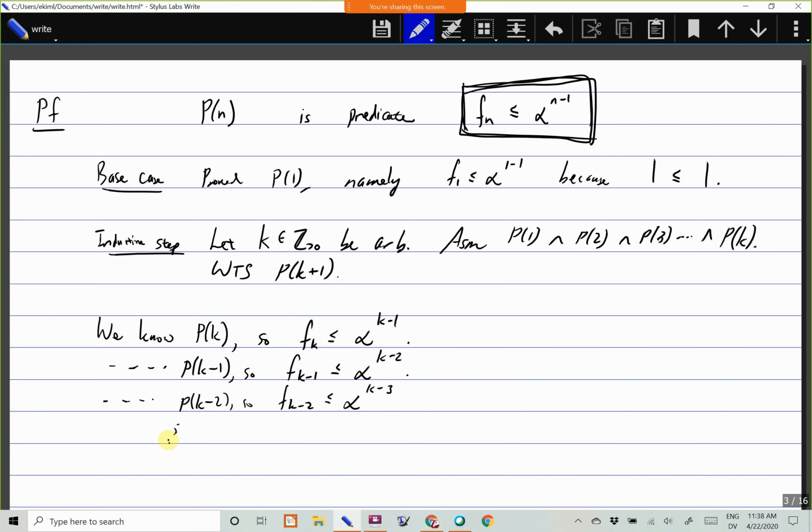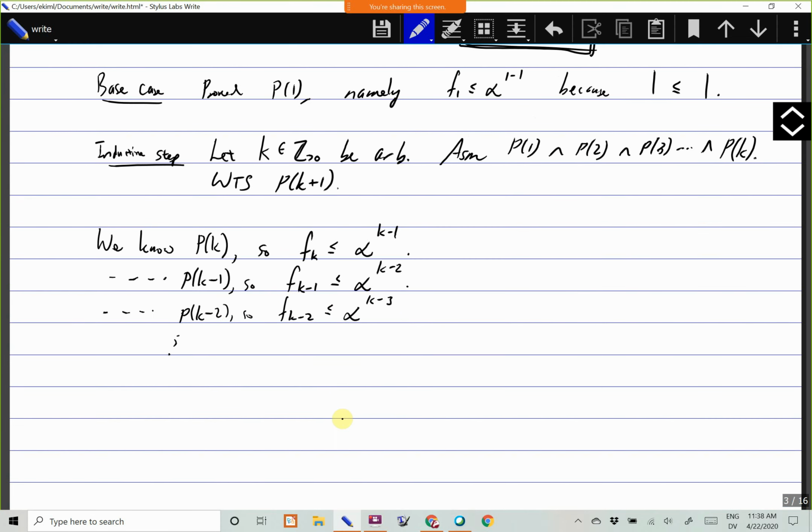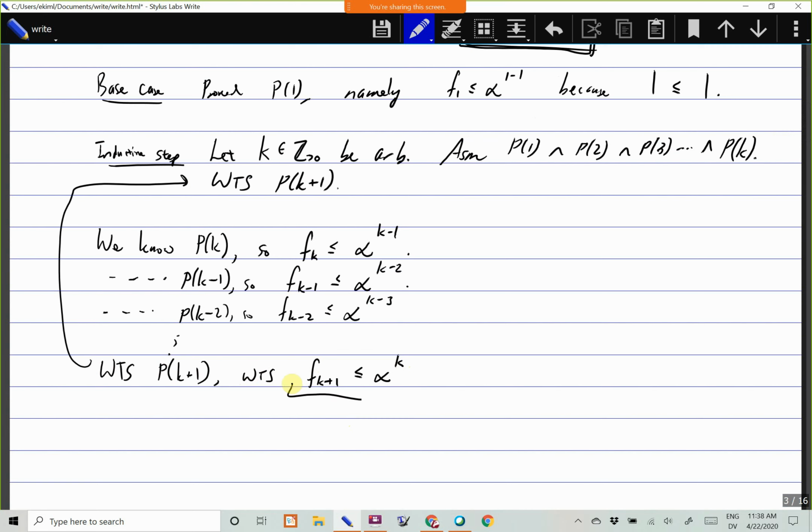And the fact that we want to show is P of k plus 1, as we already stated, but in other words, we want to show f sub k plus 1 is less than or equal to alpha to the k. So this want-to-show line we had mentioned earlier. But here's the neat thing that occurs now.